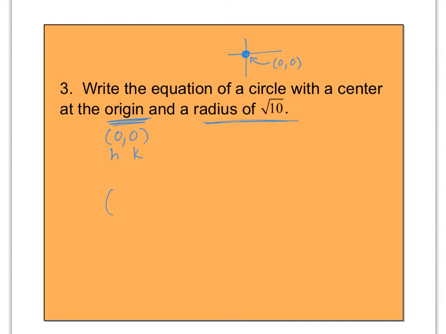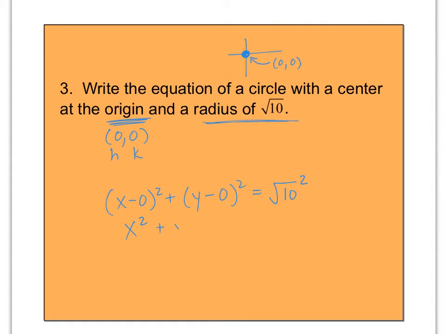So here we go. (x - 0)² + (y - 0)² = (√10)². Now the minus 0, you don't really need that. If you have something and you take away 0, it's not going to change. So that can just be written without the 0, so x².